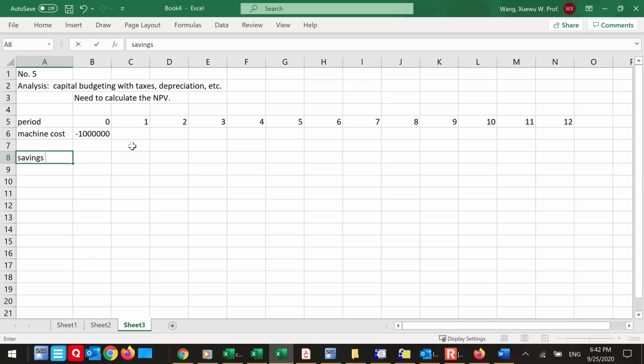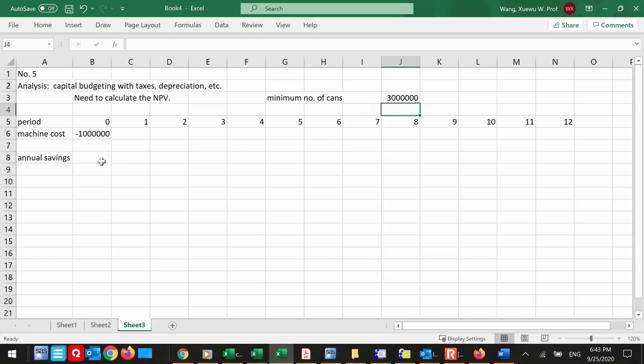I have to look at the number of cans because the savings depends on the number of cans. I should say annual savings. I need to find or guess the number of cans, so I'm just going to take a guess here: minimum number of cans to produce. I'll follow the hint and guess 3 million cans.